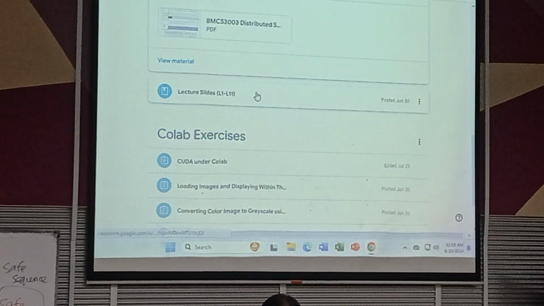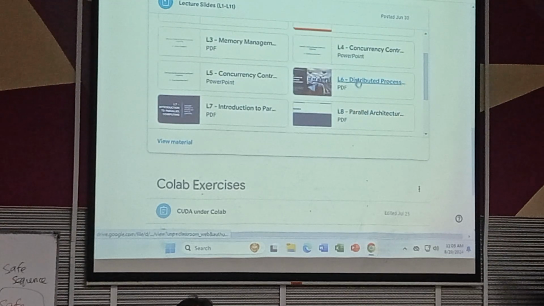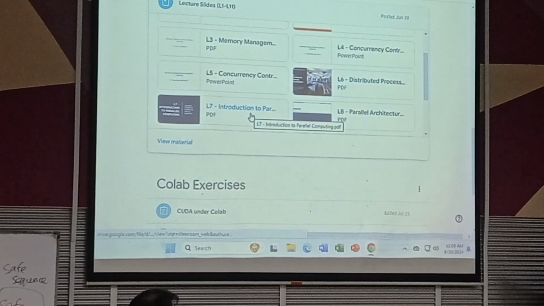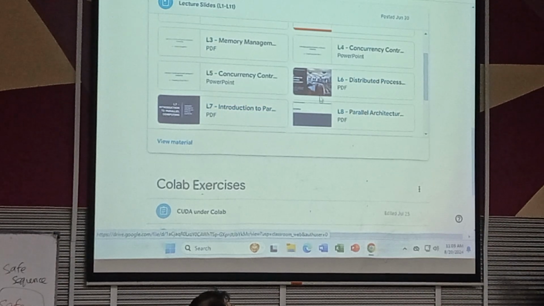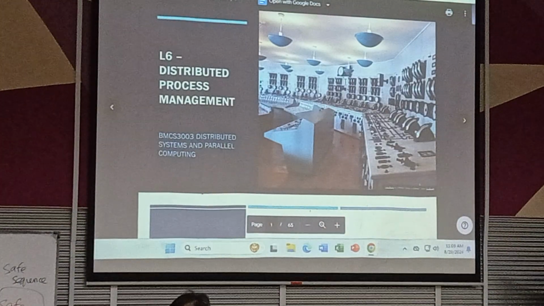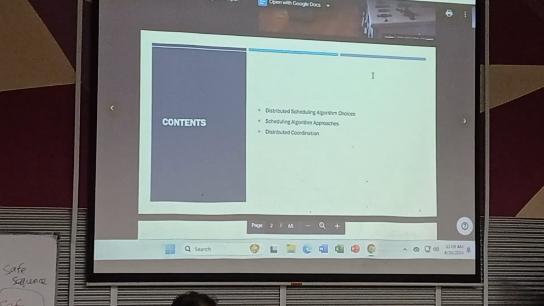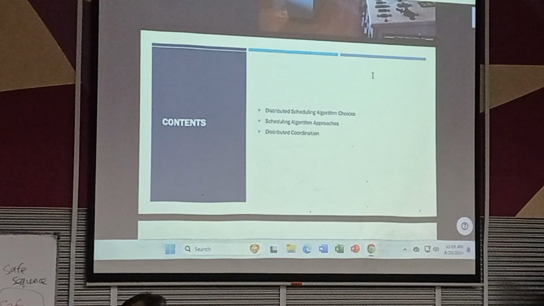I'll just continue as is, rather than bypass this P6, because lecture 7 is more appropriate to your assignment. So I'll go quickly through this. There are a lot of slides there, and I'll skip quite a number of them. I'll tell you where I'm going to skip, especially the ones dealing with time synchronization.